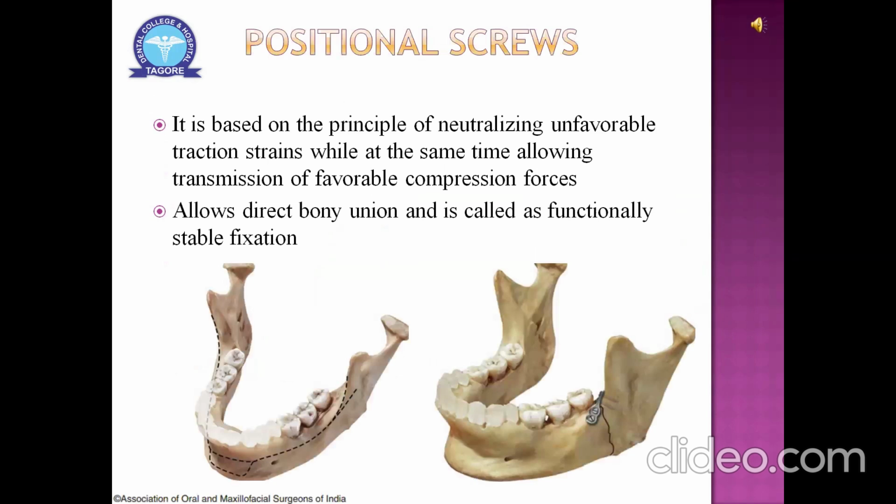It is based on the principle of neutralizing unfavorable traction strains while at the same time allowing transmission of favorable compression forces and providing adequate stability, allowing direct bony union, called functionally stable fixation.